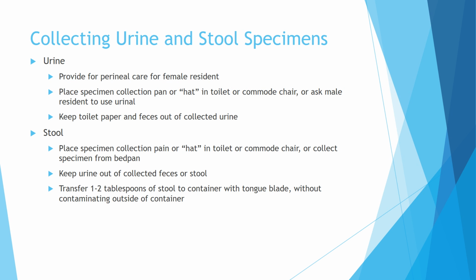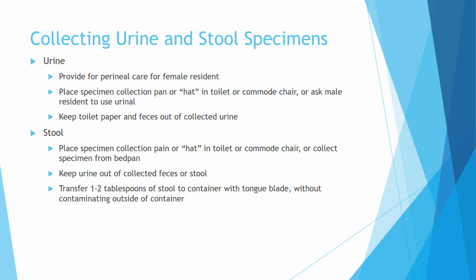For a stool specimen, place the specimen collection pan or hat in the toilet or the commode chair, or collect the specimen from a bedpan. Again, keep urine out of collected feces or stool, and transfer 1 to 2 tablespoons of stool to a container with a tongue blade without contaminating the outside of the container.